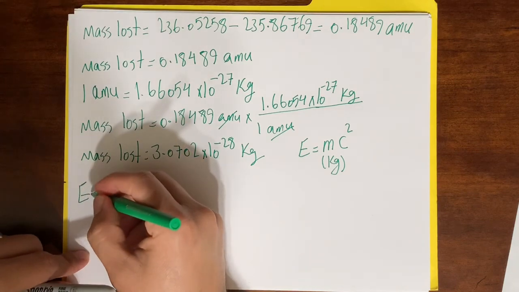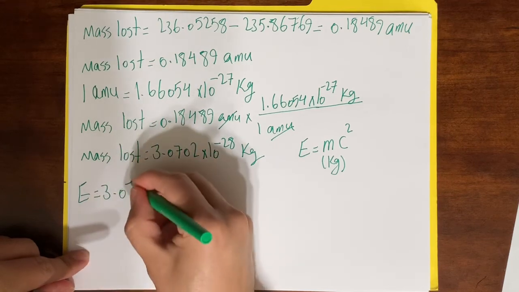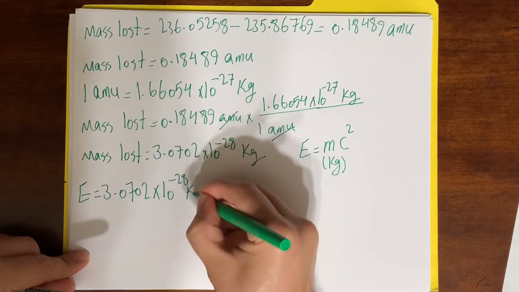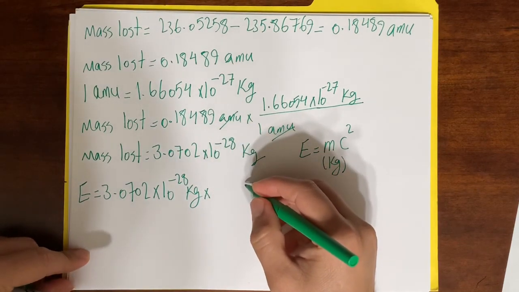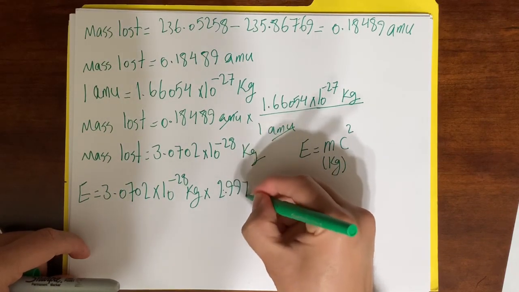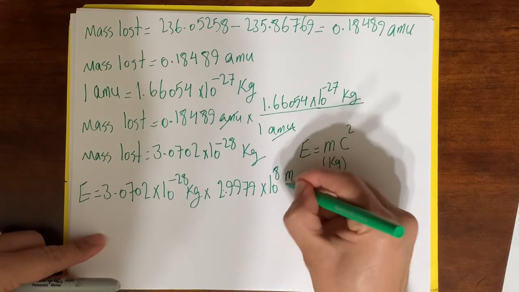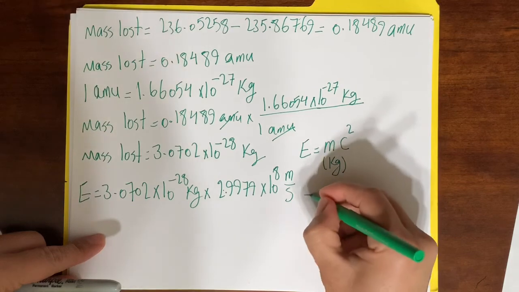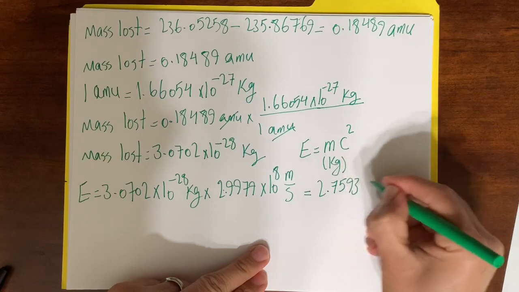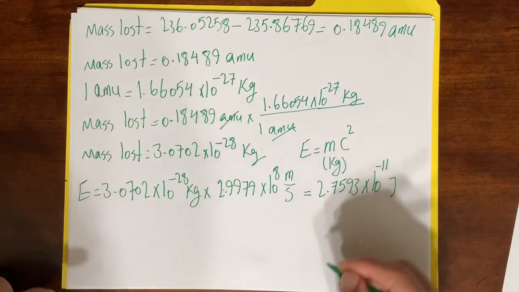Energy is equal to mass loss, which is 3.0702 multiply 10 to the power of minus 28 kilogram multiply 2.9979, or 3.00 multiply 10 to the power of 8 meter over second. This is going to give us energy in joule. So now we have the energy in joule.